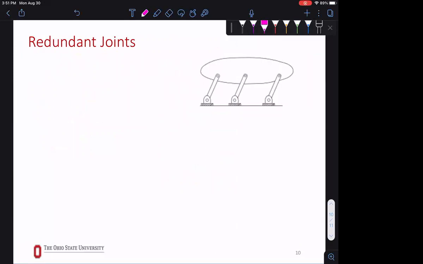So let's solve for this example. How many degrees of freedom? Solve. See what the equation is. Ground is 1. And this is 1 link. This is 5.